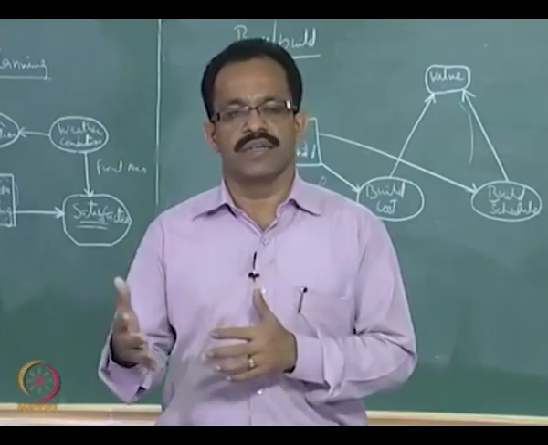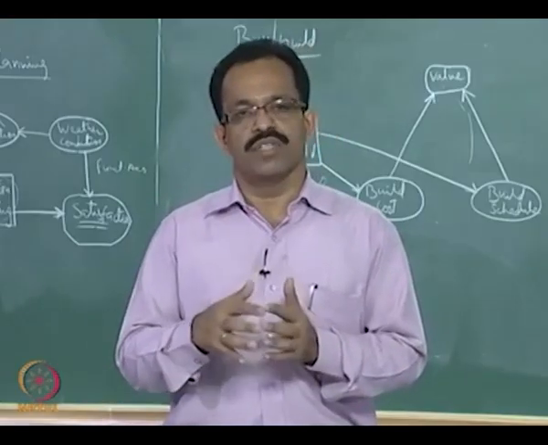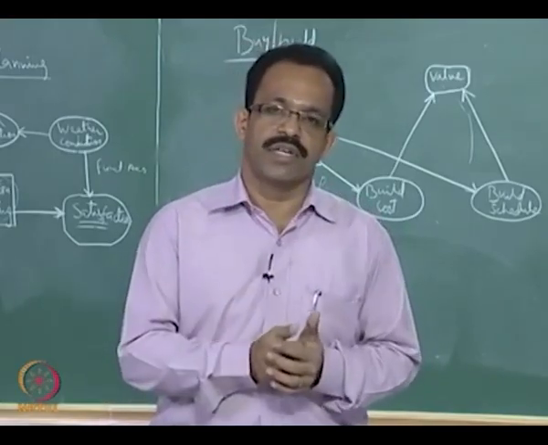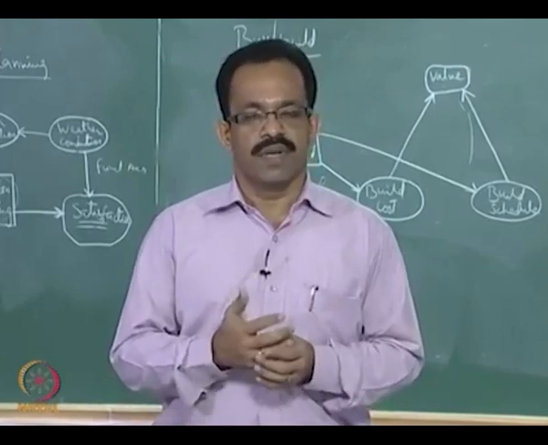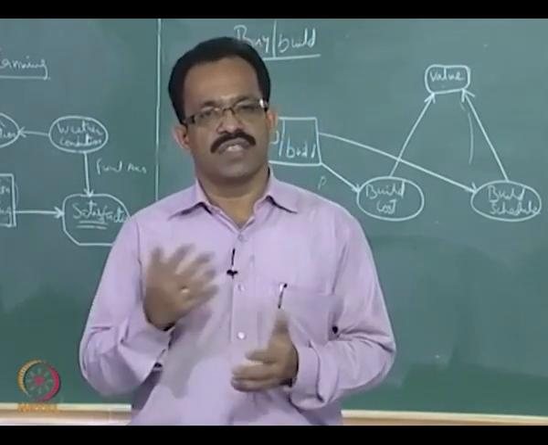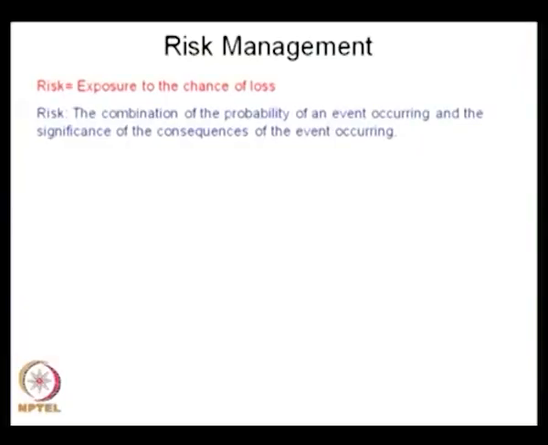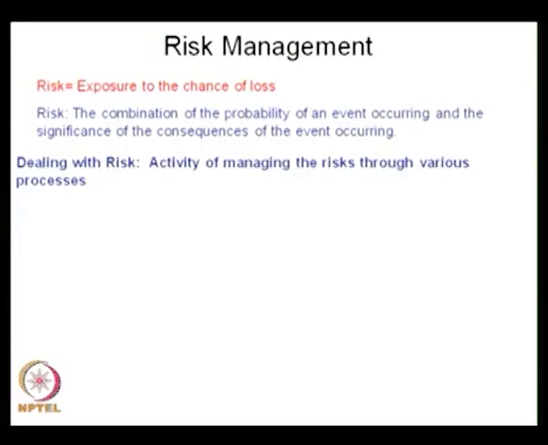Even if there is a high possibility of the event happening, if the outcome is not so significant, you can say that the risk is very low. So it is a combination of the probability of the event happening as well as the influence of that event on the system performance. To deal with risk, we have many methods.